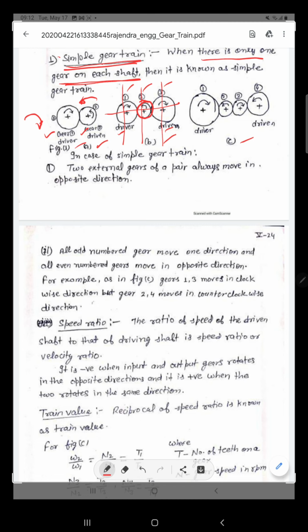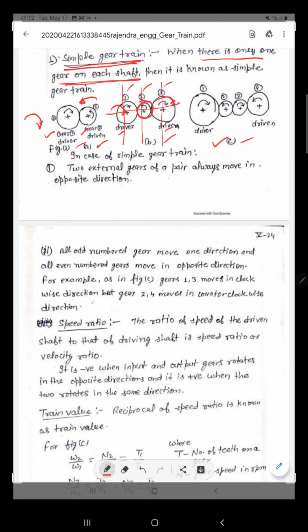This is another form of simple gear train, and one important thing you will see is that gear 1 is moving in clockwise direction while gear 3 is also moving clockwise. So gear 1 and gear 3 move in the same direction, while the middle gear moves in anti-clockwise direction.